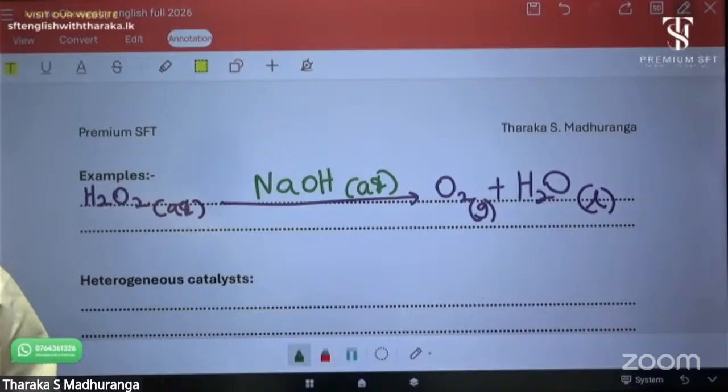Okay, can you balance this equation? How to balance this equation?